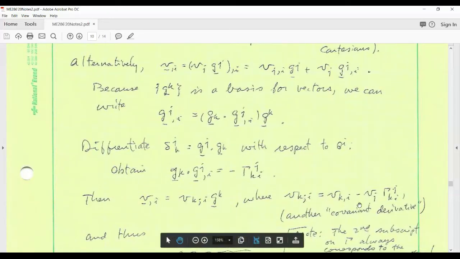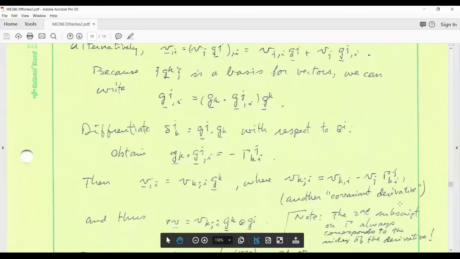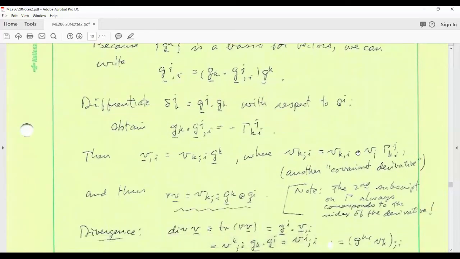That's another covariant derivative. It's also called the covariant derivative. The difference now being that we have a minus here in front of these terms. Okay? And so we have an alternative representation of the same gradient vector in terms of these alternative covariant derivatives.